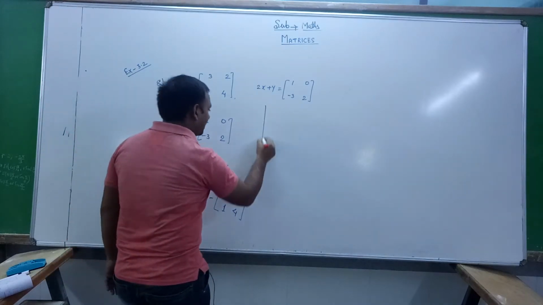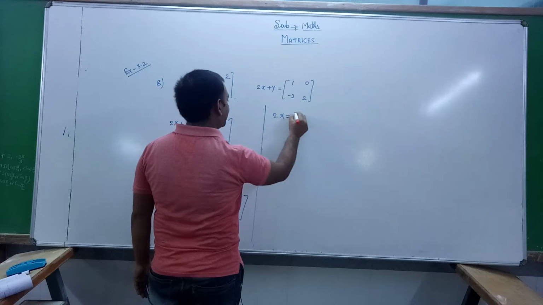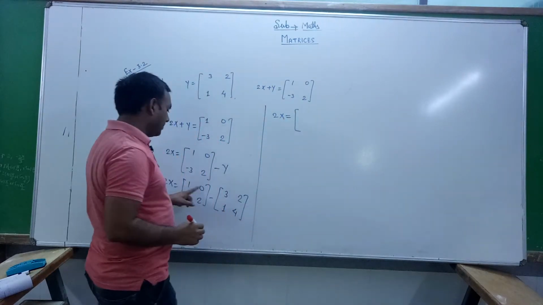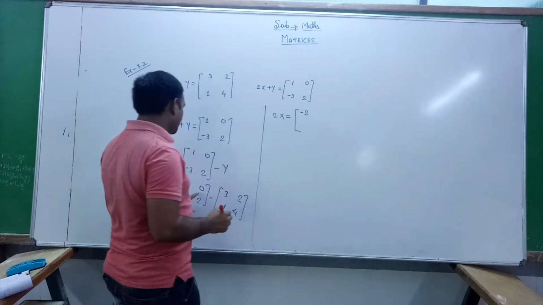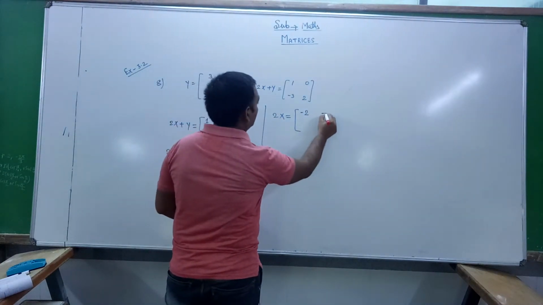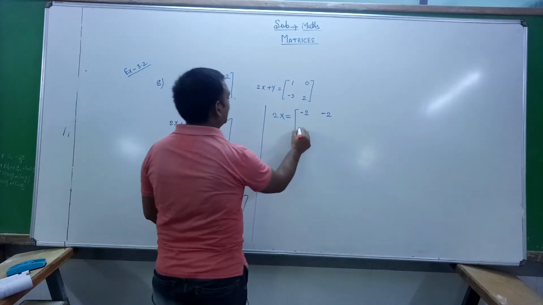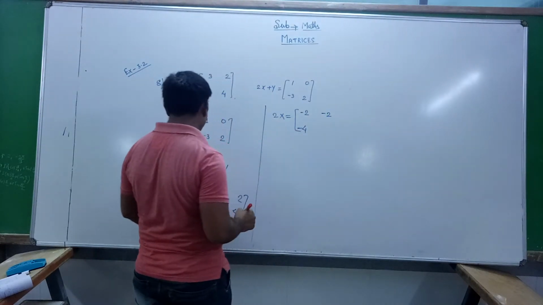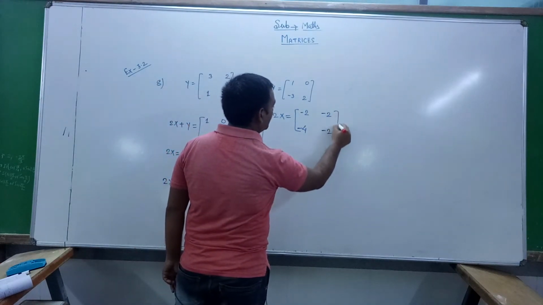So that is the value of 2x. Matrix 2x is equal to 1 minus 3 that is equal to minus 2, 0 minus 2 that is equal to minus 2, minus 3 minus 1 that is equal to minus 4, then 2 minus 4 that is equal to minus 2.